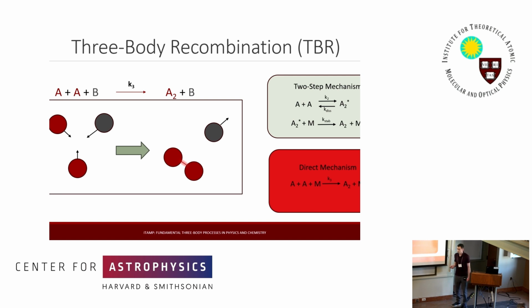An alternative approach is to just simulate directly three atoms colliding and see essentially what comes out, how often these molecules are formed. And we do these simulations classically. This direct mechanism is what I'm focusing on today.